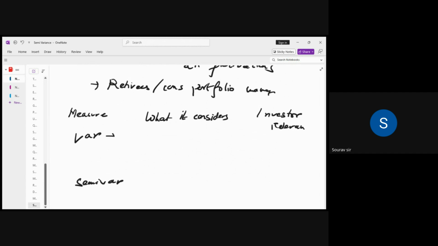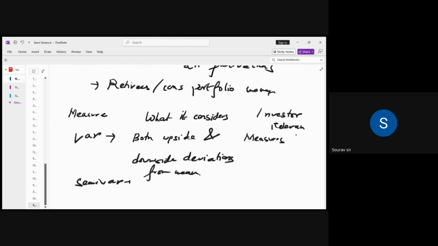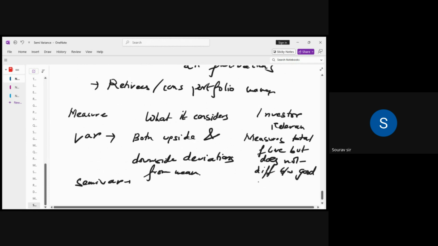So for variance, it considers both upside and downside deviations from the mean. And for investors' return, it measures total fluctuation. But it does not differentiate between good and bad volatility.